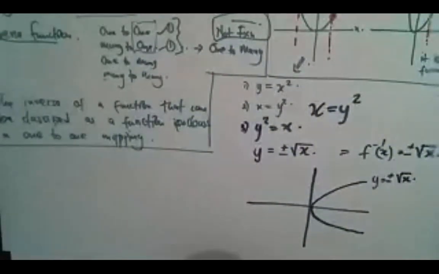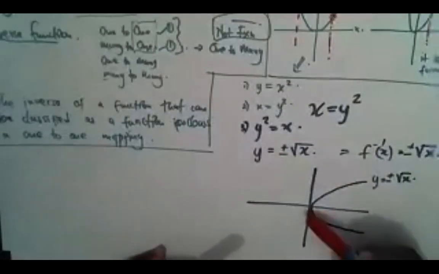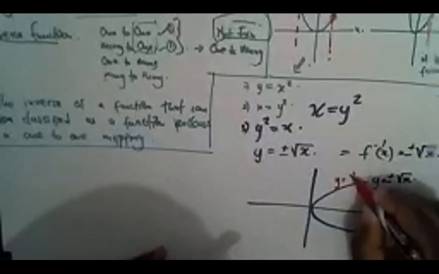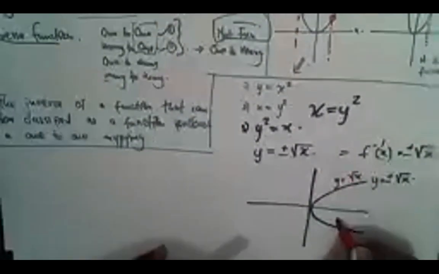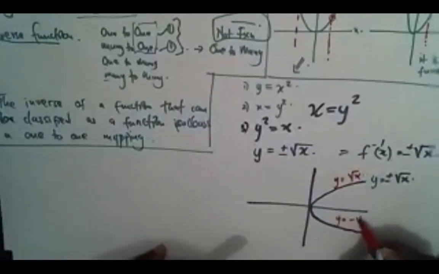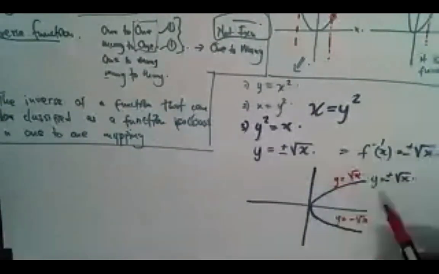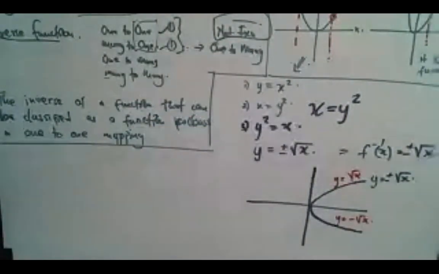This side is the positive side, so this is y is equal to the square root of x. And this side is y is equal to negative square root of x if I decide to split them. But I can just write the whole function as y is equal to plus or minus the square root of x.